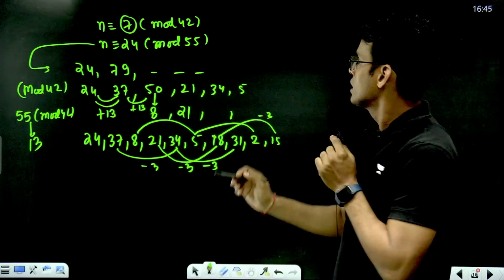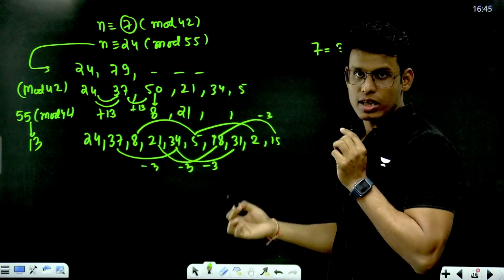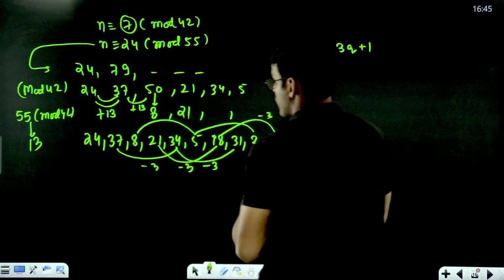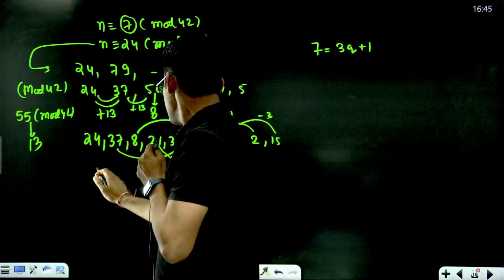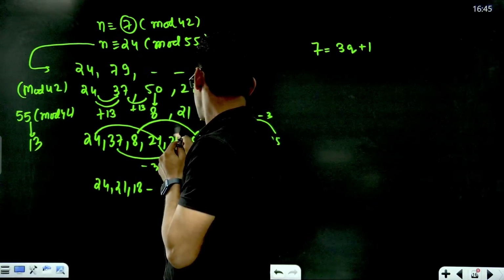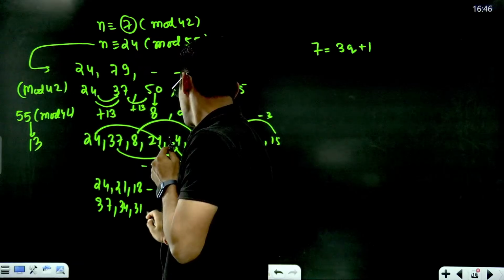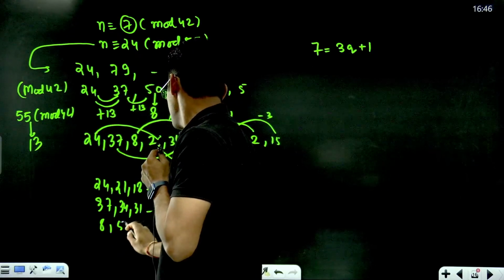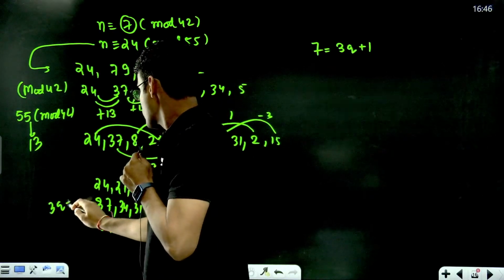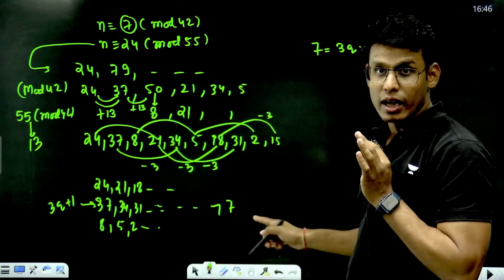Now please see here. 7 is required at some point. Why is it required? Because we are subtracting everywhere. So I can see 3 series here: 24, 21, 18. Then another one is 37, 34, 30. Another one is 5. This sequence will have 7 somewhere down the line.